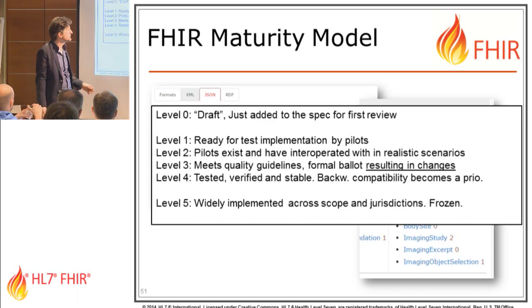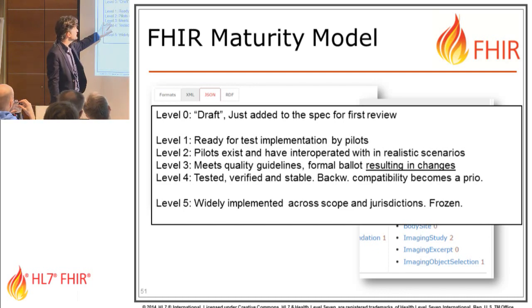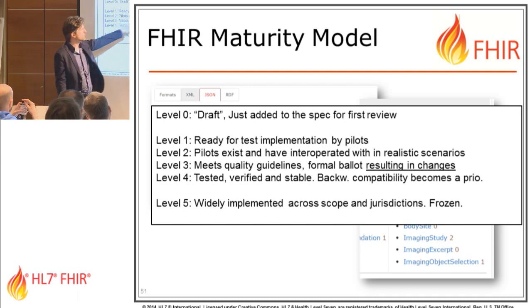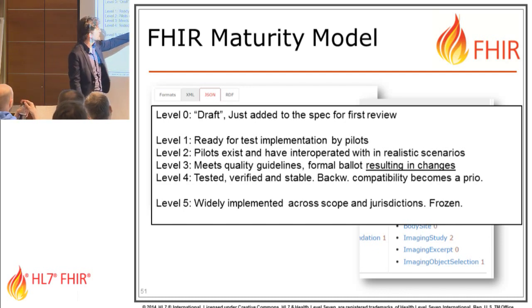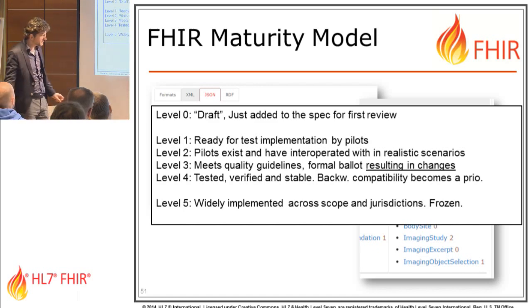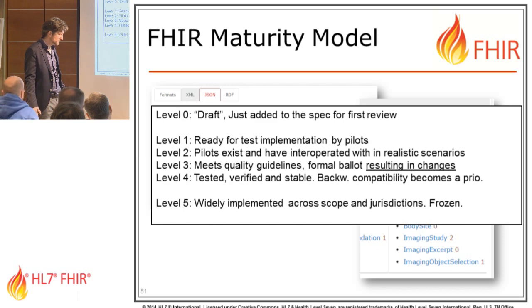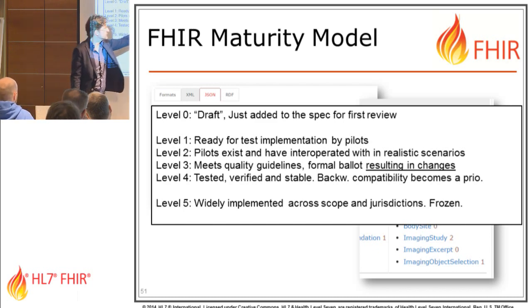And level 3 is, by now, we've had this first line of feedback from vendors. We've improved the resource. We've added examples. We've made sure that all the text has no longer to-dos in it and so on. And feedback resulted in changes. So sometimes this is surprising.